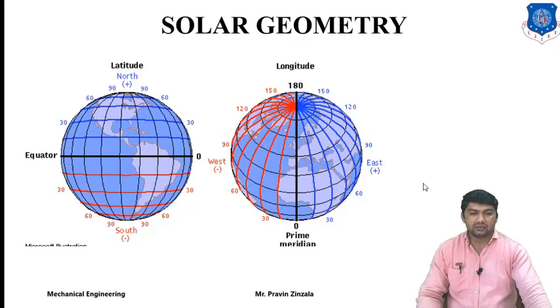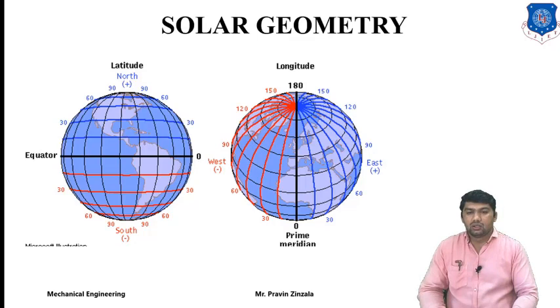So this is the solar geometry for any location. By equations we can also calculate the solar intensity, or the possible solar radiation at different locations, and this will be important for our calculations and for the installation of a solar power plant.